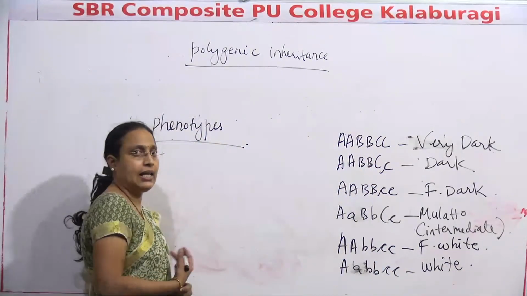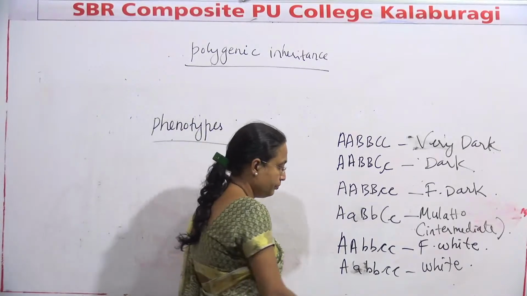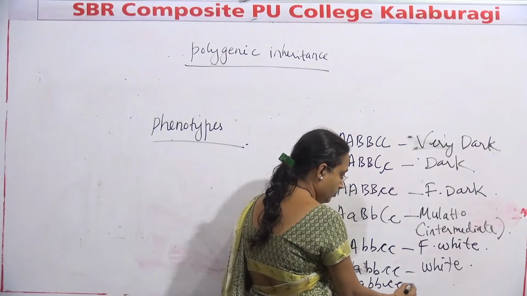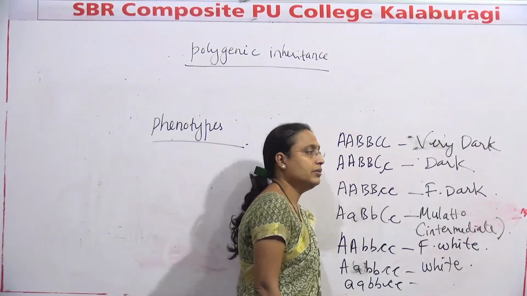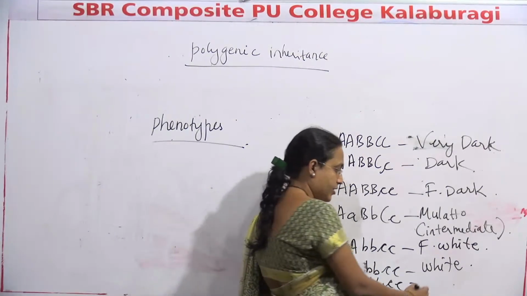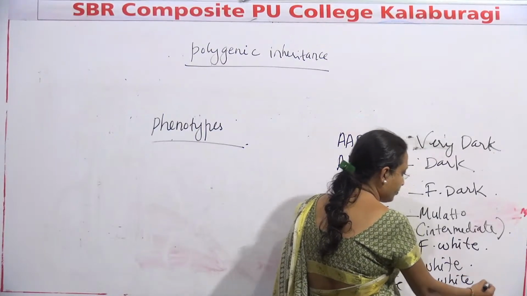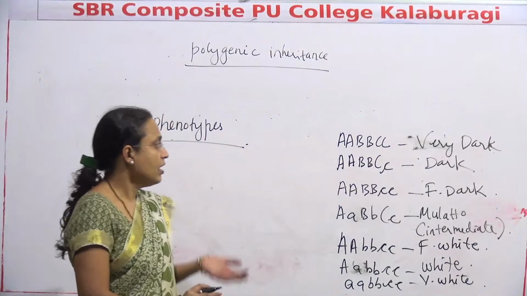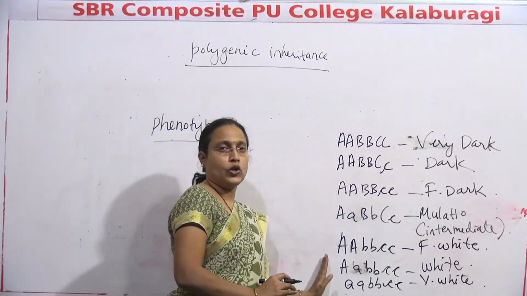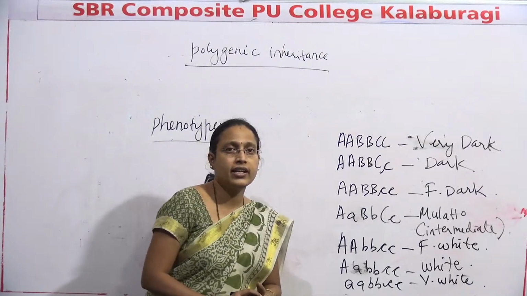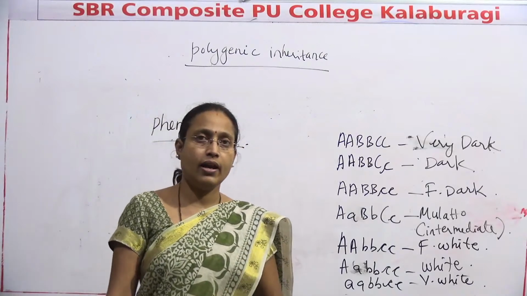And if all the alleles are recessive, then the phenotype will be very white. If you observe these phenotypes, you can write any phenotype in the F2 generation Punnett square.